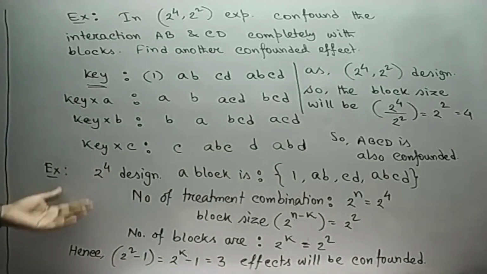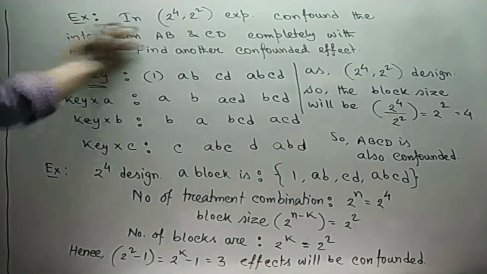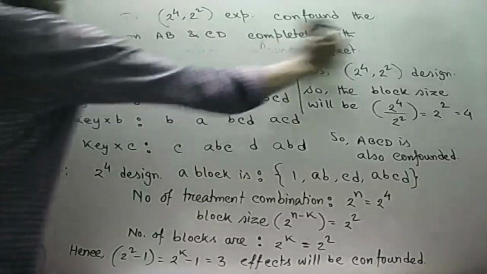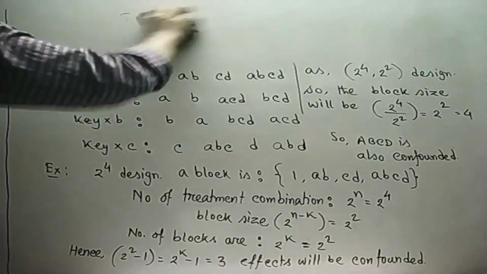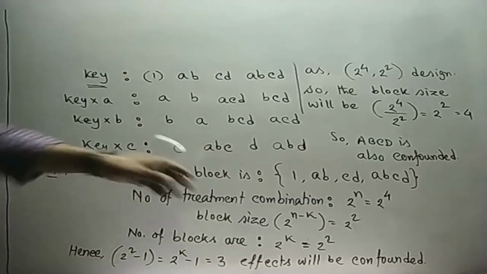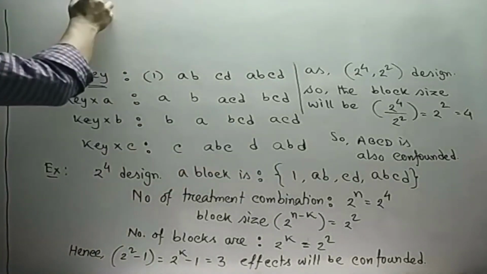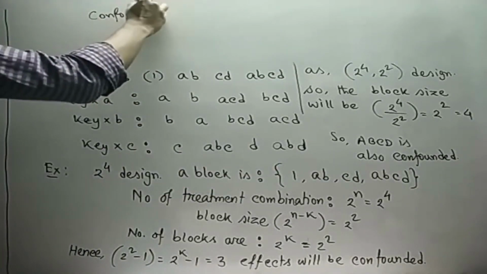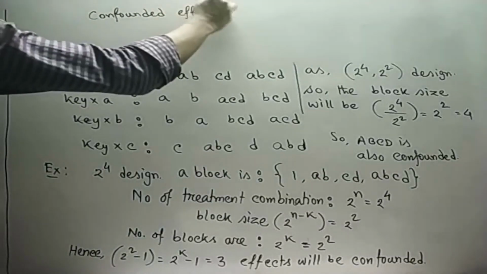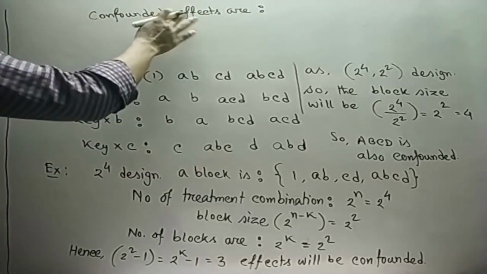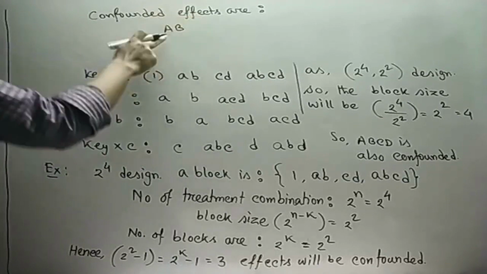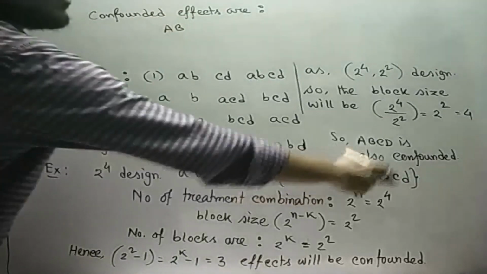Now we have a 2 to the power 4 design. So the treatment combinations are like A, B, C, D, AB, CD and everything. From among them we can tell that the confounded effects are basically AB, as AB has even number of common members or no common member.